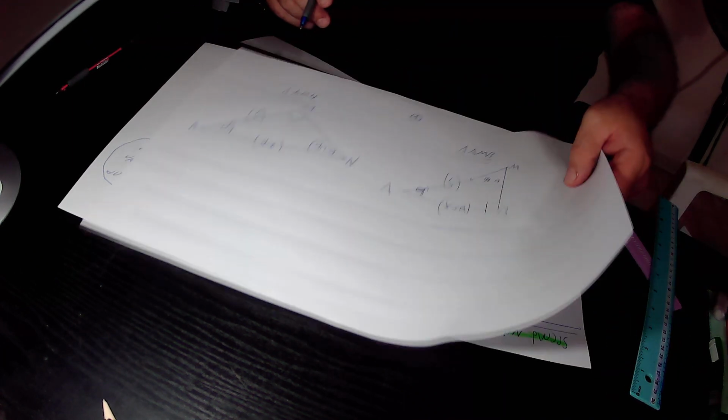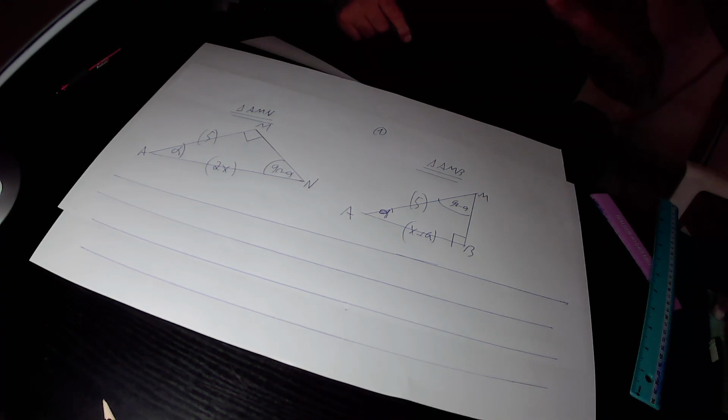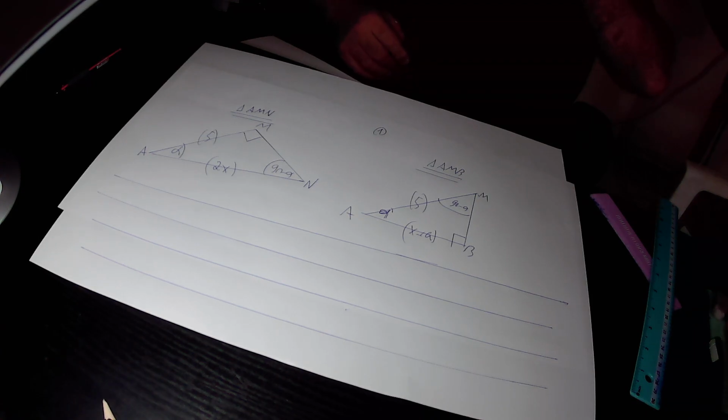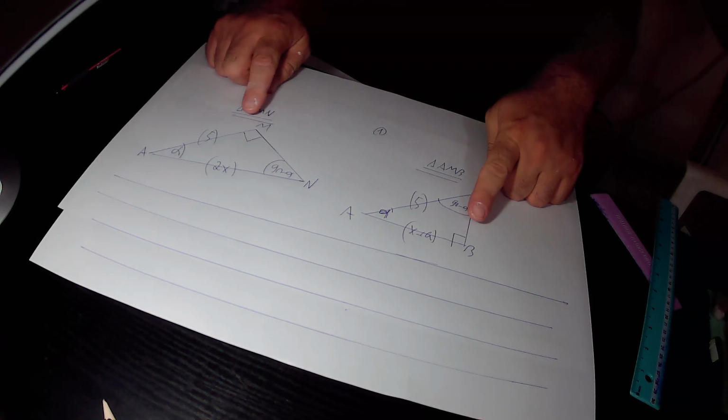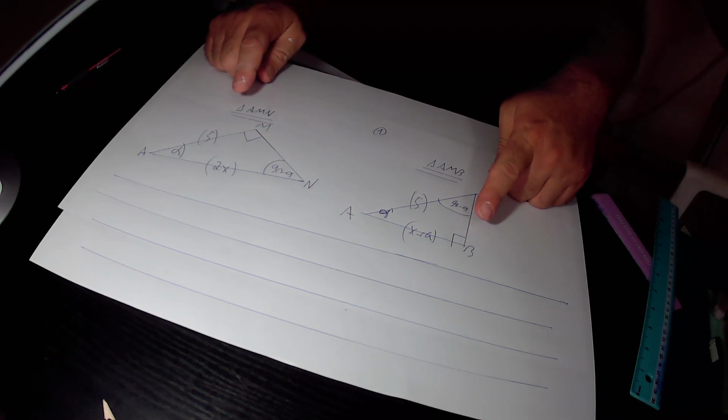Actually, those are the two right triangles, triangle AMN and triangle AMB, that are coming from the original drawing. In the next step, we prove that those two right triangles are similar to each other according to the angle similarity rule. So why are those two right triangles similar to each other? First of all, those two angles are both equal to 90 degrees, and therefore they are equal to each other.